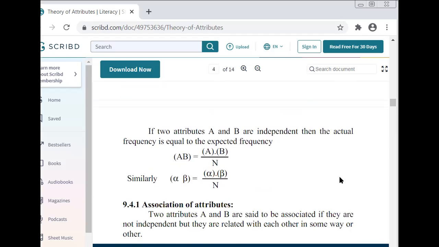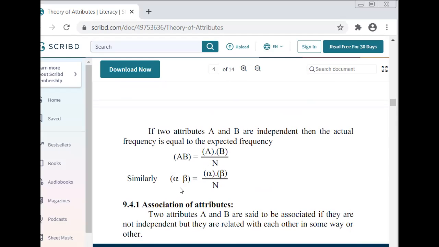So now see here, if two attributes capital A and capital B are independent, then the actual frequency is equal to the expected frequency. So here, frequency of AB is equal to frequency of A into frequency of B by capital N. If the LHS and RHS values are equal, then you can say that A and B are independent.